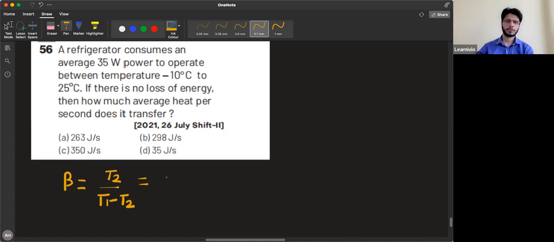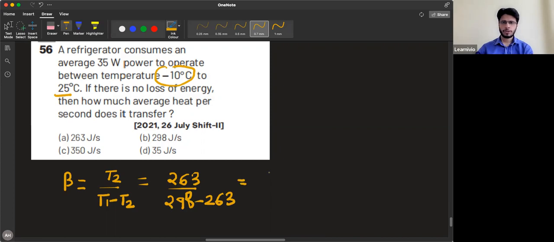T2 is minus 10, so convert this in Kelvin. It is 263, right? 25 degrees Celsius is T1. How much is this in Kelvin? 298. 298 minus T2, which is 263. This is your beta.